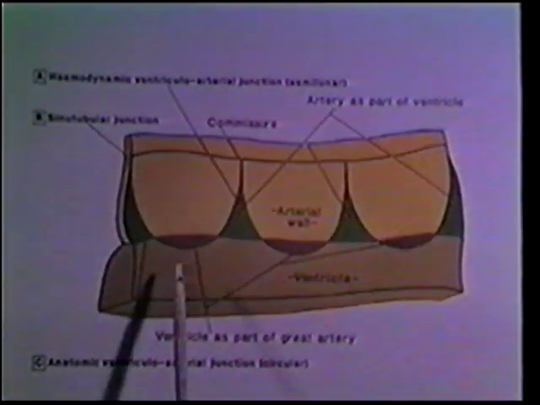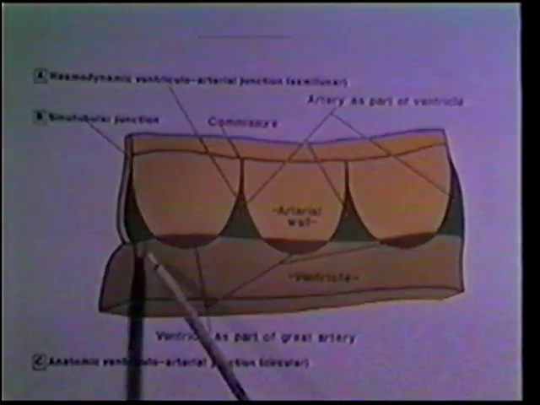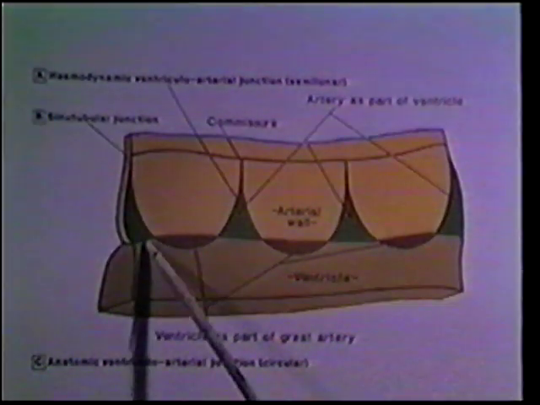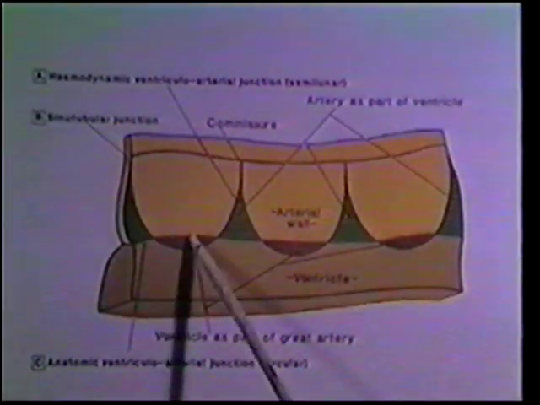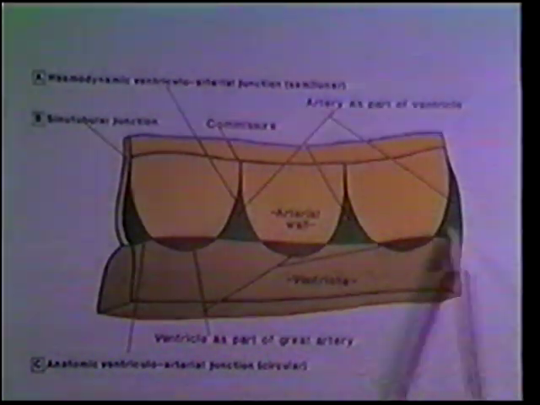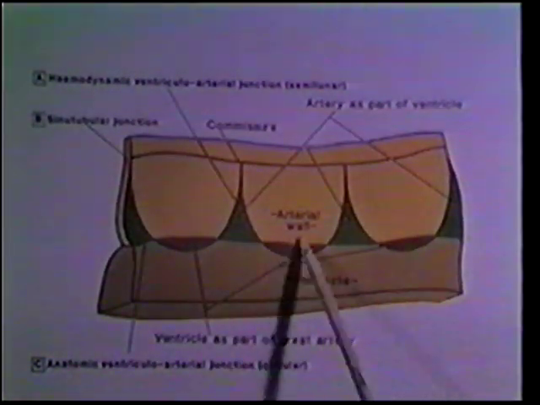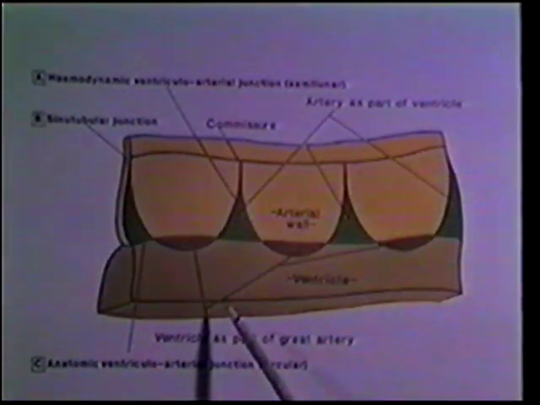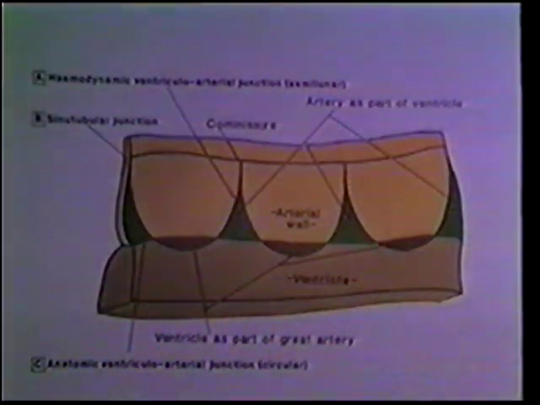And thirdly, we can consider the anatomic ventriculo-arterial junction, which is the joint between ventricular musculature and arterial wall.